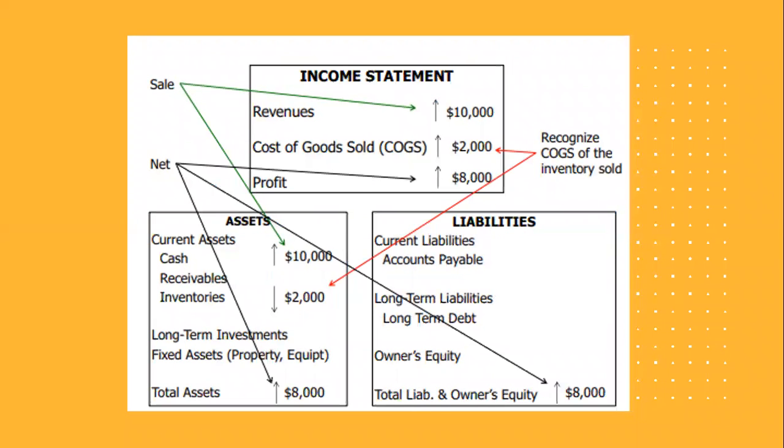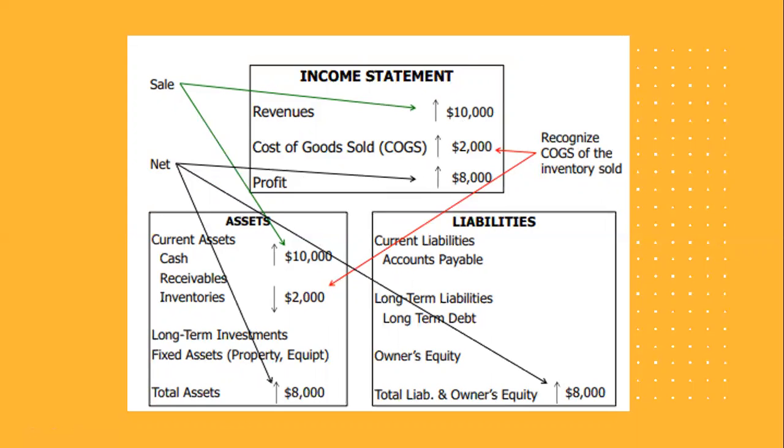I also wanted to show you this particular slide, which is a visual way of seeing what is happening on the income statement and what is happening on the balance sheet. And I explained all of this to you. The revenue is increasing. Simultaneously, the cash is increasing because it was sold for cash. The cost of goods sold is increasing.